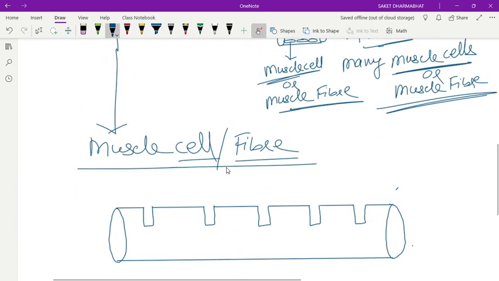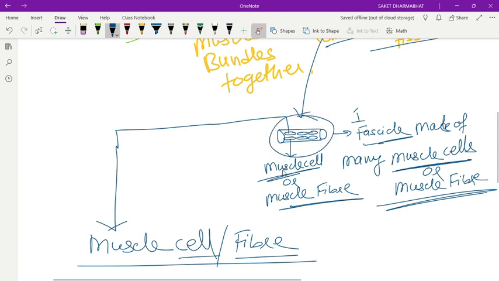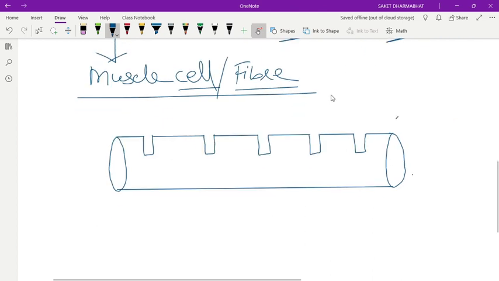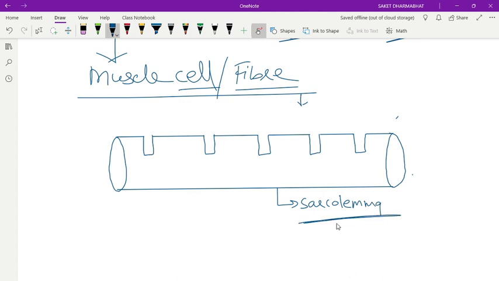Like this, many muscle cells combine and form one muscle bundle. Now the plasma membrane, or cell membrane, is called the sarcolemma. Sarcolemma is the plasma membrane of the muscle cell. Now inside this cell a liquid is filled, the cytoplasm. The cytoplasm of the muscle cell is called sarcoplasm.